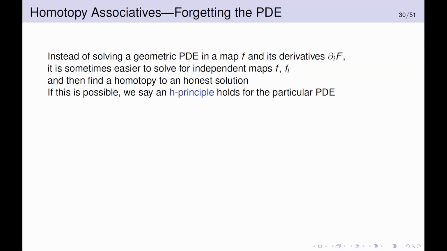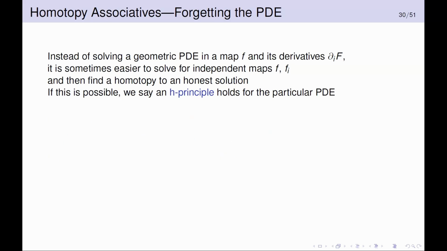Just write down the functions, find some functions that satisfy the PDE, and then afterwards you try to find a homotopy of this solution to an honest solution where the f_i's are again derivatives of the f. And if it's possible to find such a homotopy to an honest solution, you say that an H principle holds for that particular partial differential equation.